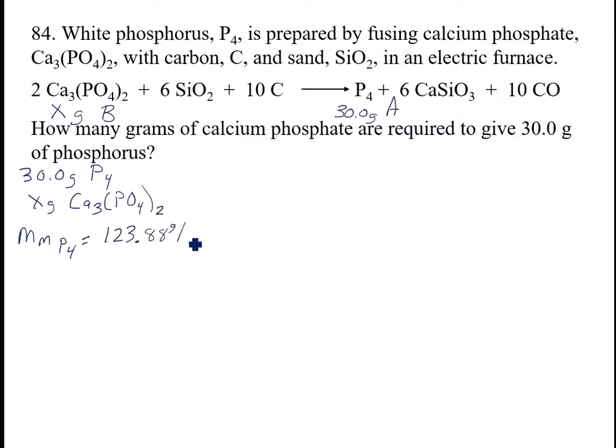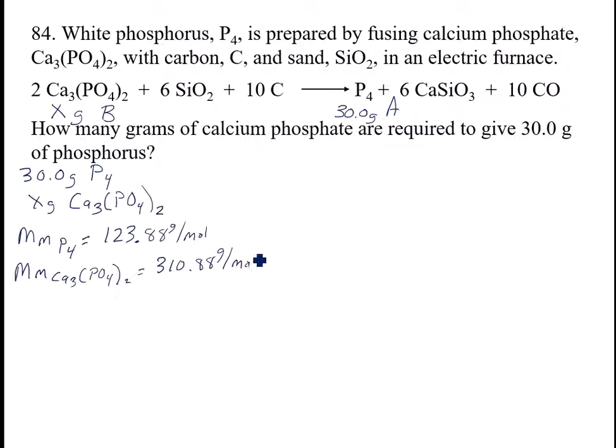And the molar mass of Ca3(PO4)2, again, is 3 times the 40.08 for calcium, 2 times the 30.97 for phosphorus, and 8 times 16 for oxygen. So I get 310.88 grams per mole.